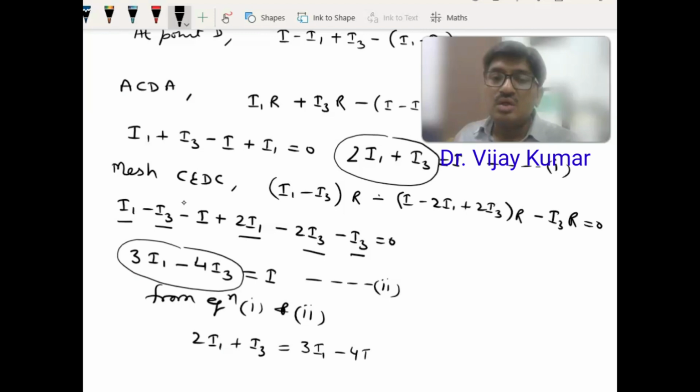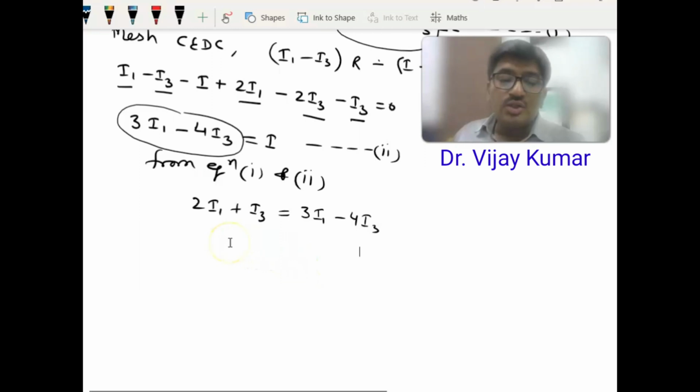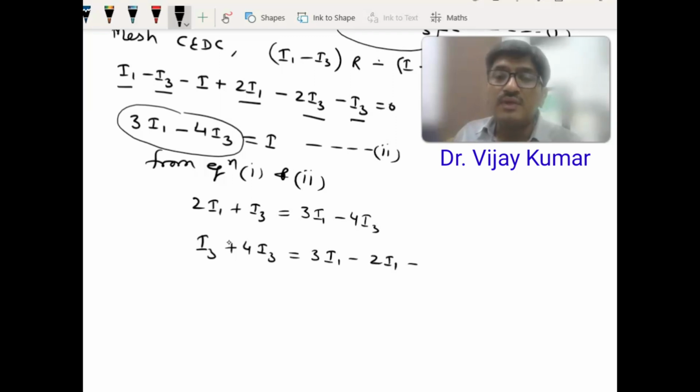So I3 plus 4I3 equals 3I1 minus 2I1 equals I1, and 5I3 equals I1, and I3 should be equal to I1 upon 5. This is equation number 3.